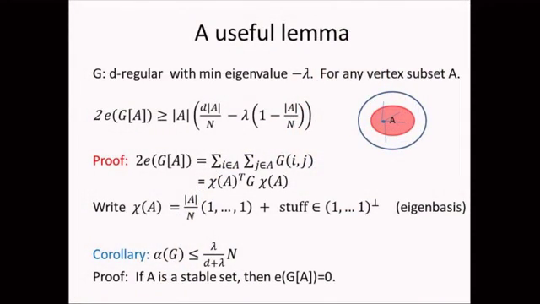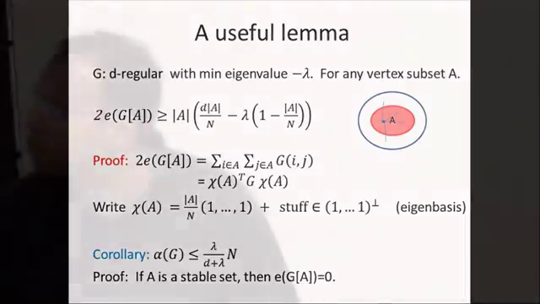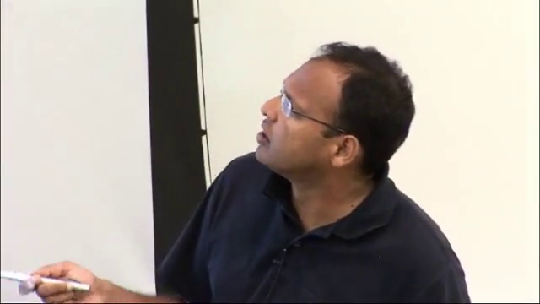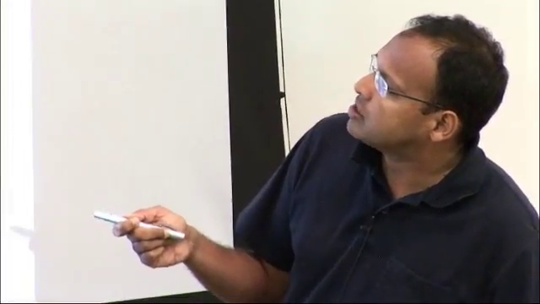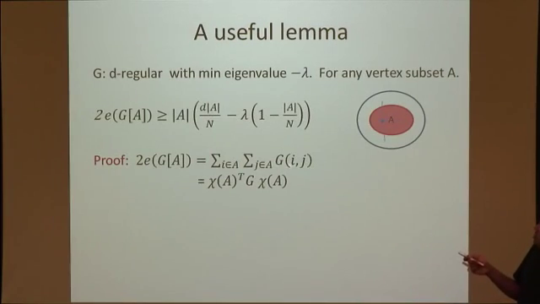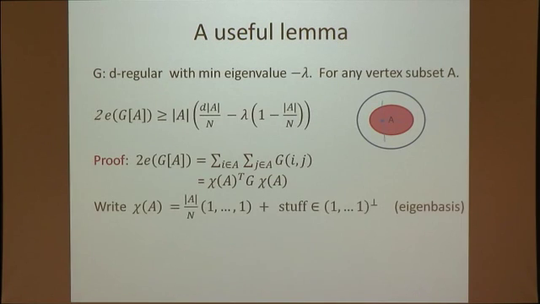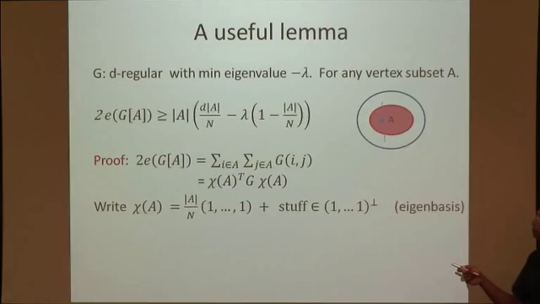Okay, and how do we prove this? Again, it's a standard result, and you do the usual thing. You want to find the number of edges in A. If G denotes the adjacency matrix of this graph, then you just sum up over all these pairs. This will count exactly what you want. And you can write this as this, where chi is the incidence vector of A. Then you do the usual thing: you expand this chi A in terms of the eigenbasis of G. We know that one of the eigenvectors is 1, 1, 1, 1, 1.